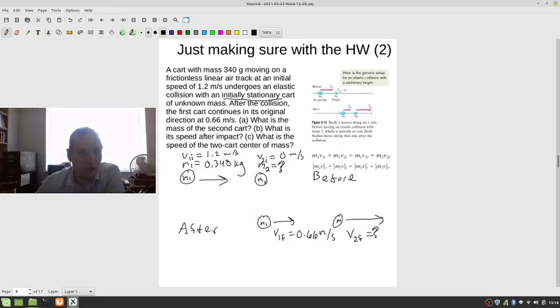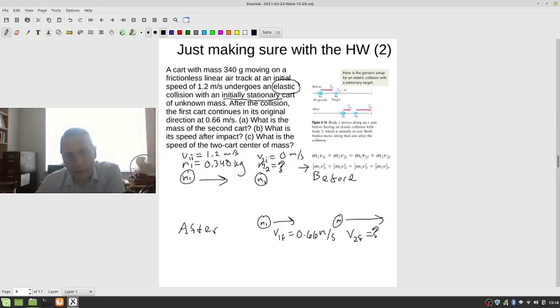So if I just had momentum conservation, I couldn't do the problem. However, they give us the piece of information that this is an elastic collision. And because it's elastic, I get an extra equation. If I add together the kinetic energy of the first ball plus the second ball, it equals the kinetic energy of the first ball plus the kinetic energy of the second ball afterwards.